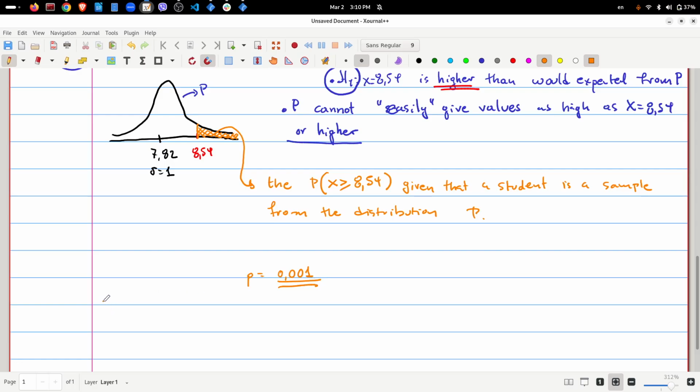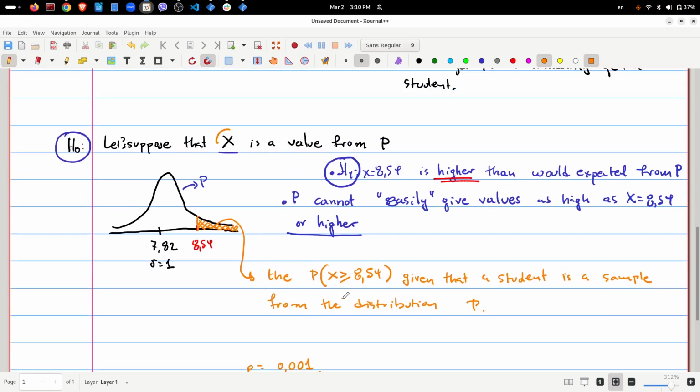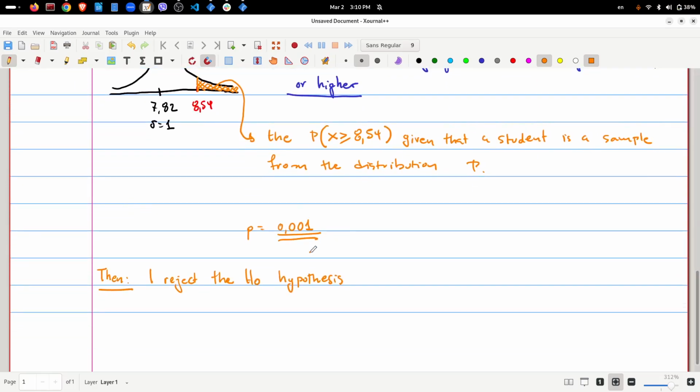Then I can claim that I reject the H0 hypothesis, which states that my student x, or the average mark of my student, is a value from P. I reject this hypothesis, the H0, because the probability to observe such a value or greater given this distribution is really small.